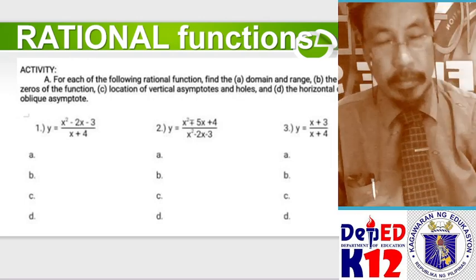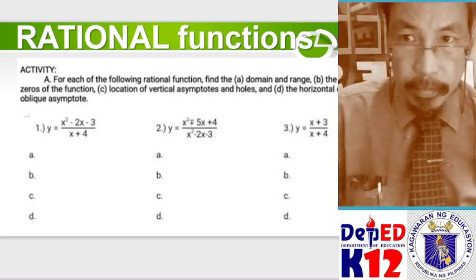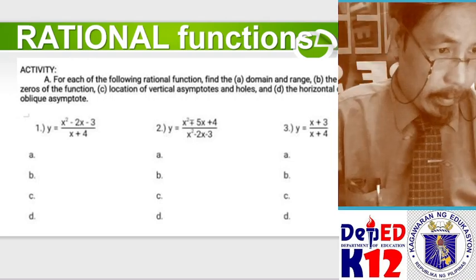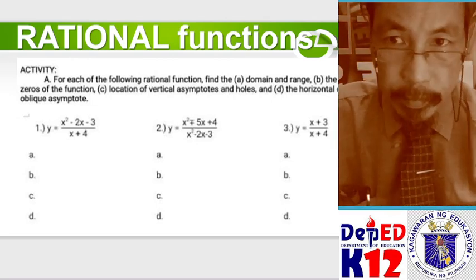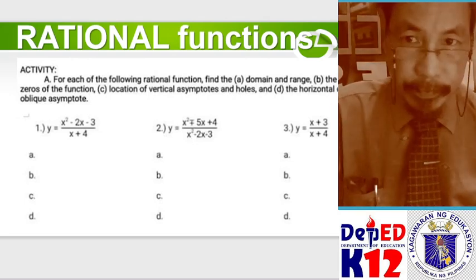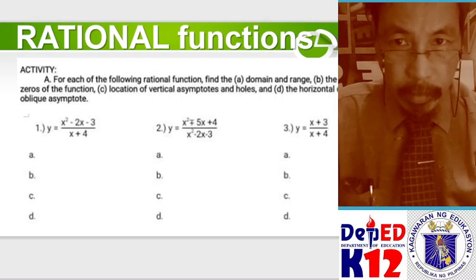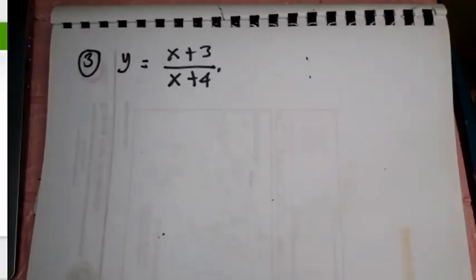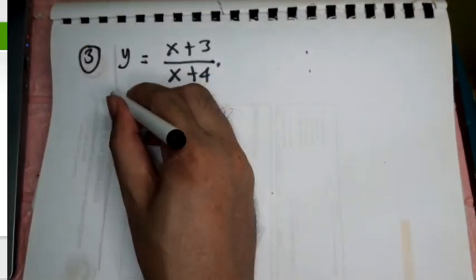Okay, so again, let's look for the different features required for this problem. First, let us look for the zeros.